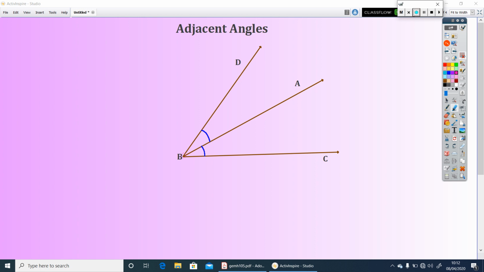Now what about these non-common arms BD and BC? They are lying just on either side of the common arm AB.